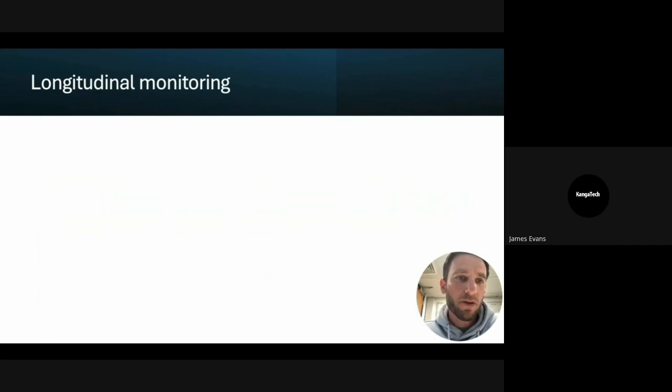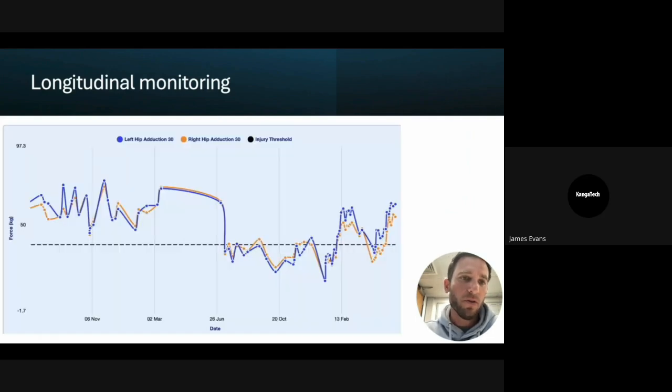So that was looking at his loading just via this injury, but adductor monitoring is one of the things we do to monitor all of the players, and I think it's interesting to look at this player as a whole and look at the bigger picture.